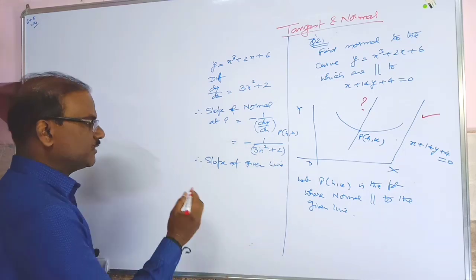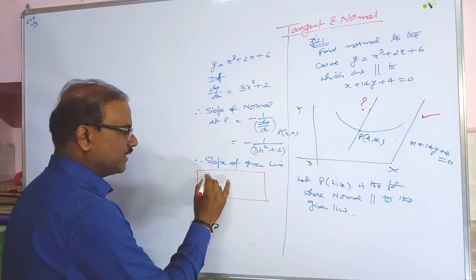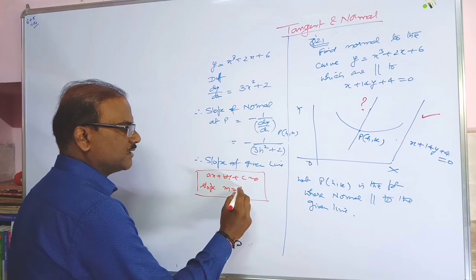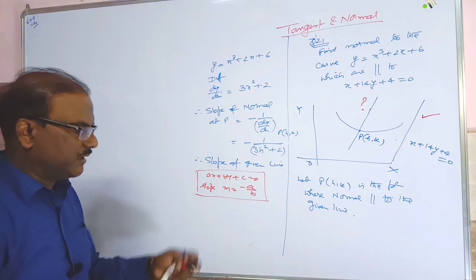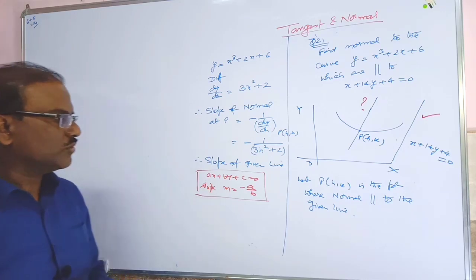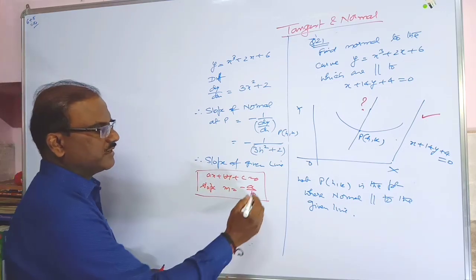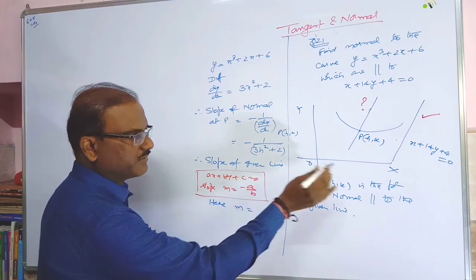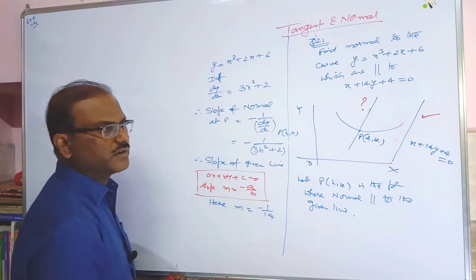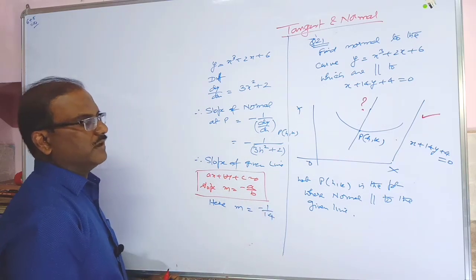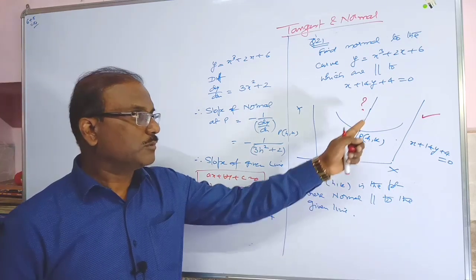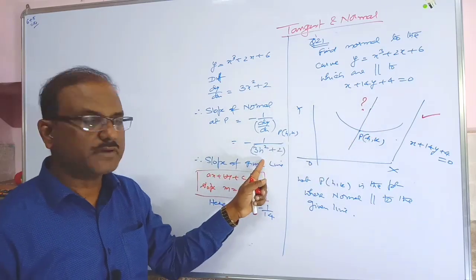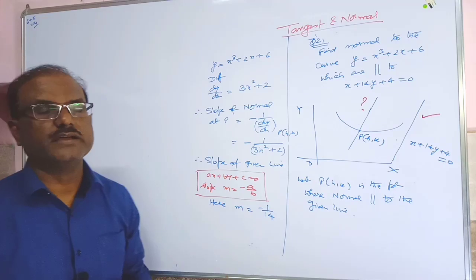I would like to make a concept that ax + by + c = 0, स्लोप हमें कैसे निकालना आया? माइनस a by b, minus the coefficient of x divided by the coefficient of y. In this way we can get the slope of any line. Here the slope of the given line m is equal to minus 1 over 14. Now what we got is the slope of the normal at point P, represented by this, and the slope of this line is represented by this one.